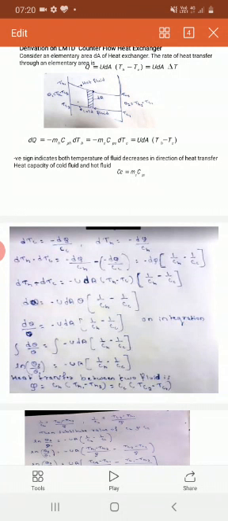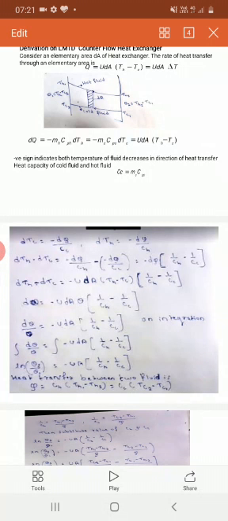We can write dTh minus dTc as d theta, which is equal to minus U dA theta (1/Ch - 1/Cc). Now we can arrange the terms: d theta upon theta is equal to minus U dA (1/Ch - 1/Cc), where Ch and Cc are the heat capacity terms for the hot fluid and cold fluid.